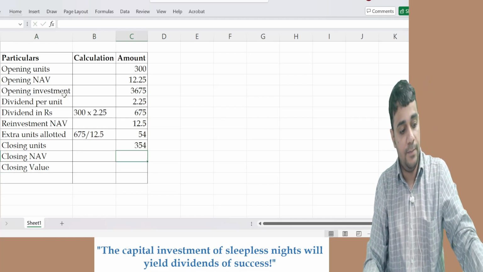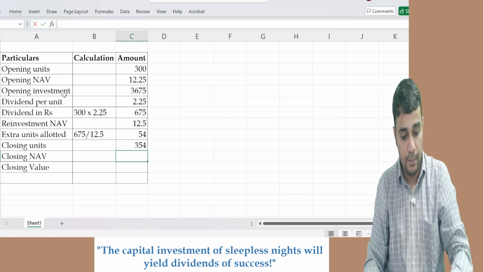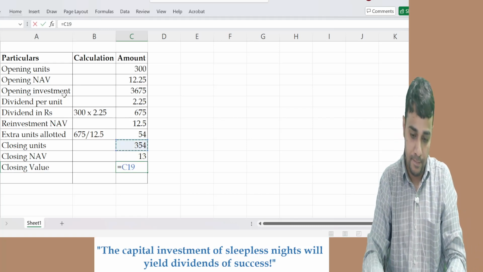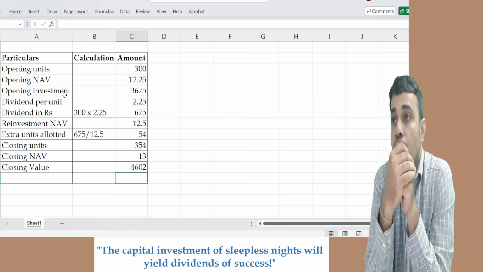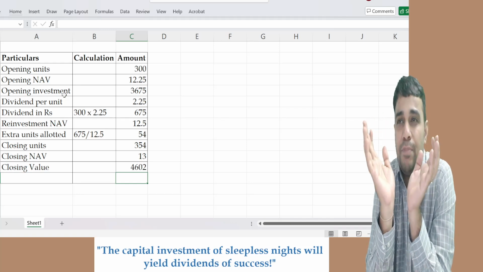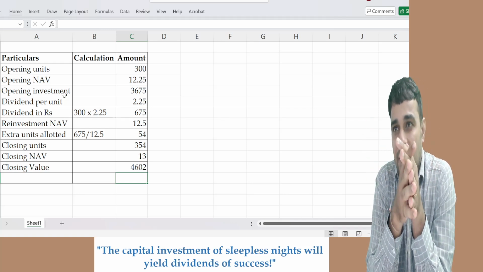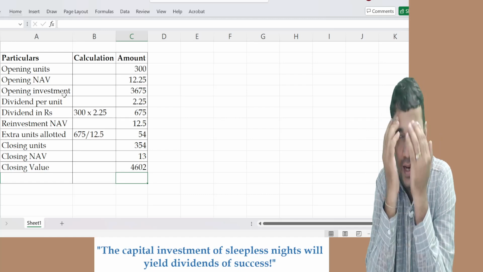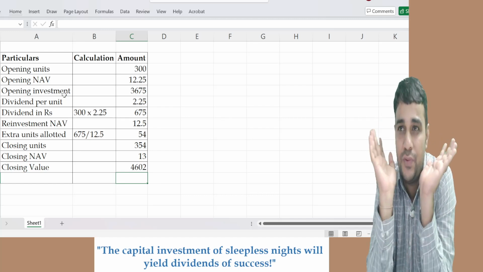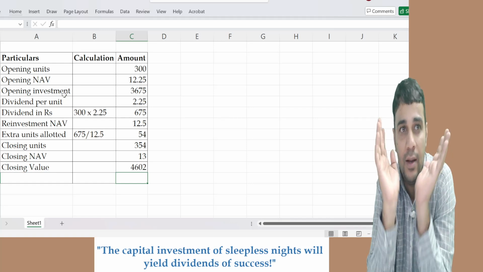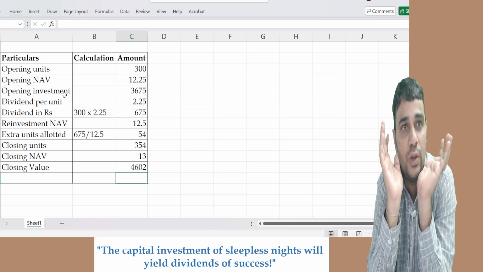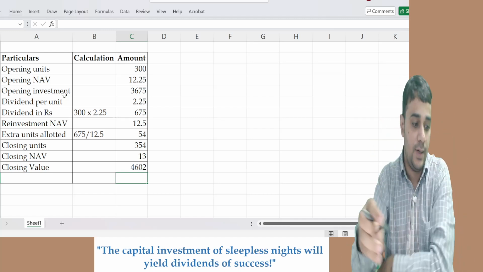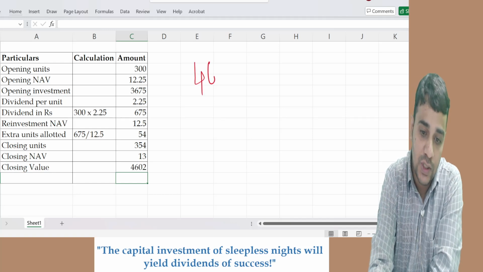What is the closing NAV? 13 multiplied, gives 4602. To put it simply, I gave 3675 and I got back 4602. That's the only thing I understand. Don't give me a formula. You gave me 3675, I have returned 4602 to you, and you are very happy about it. Return is what I get back, 4602.